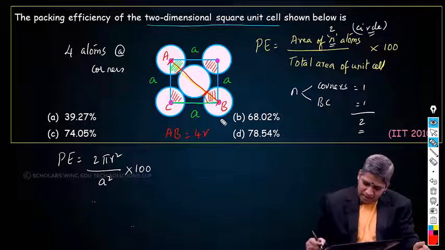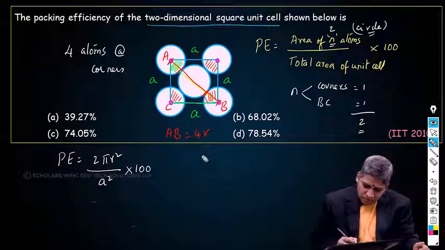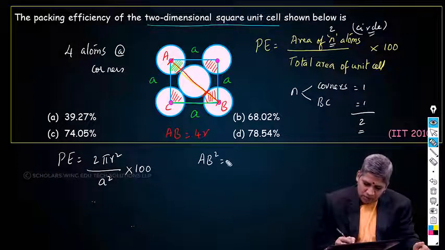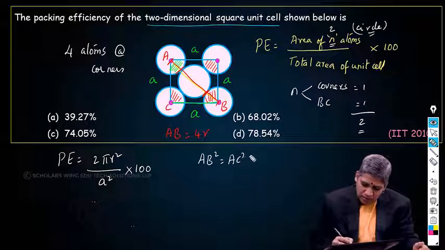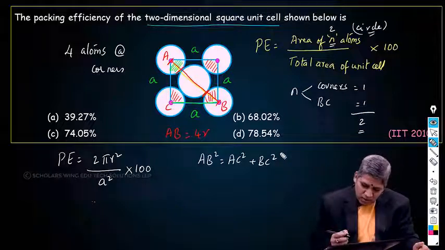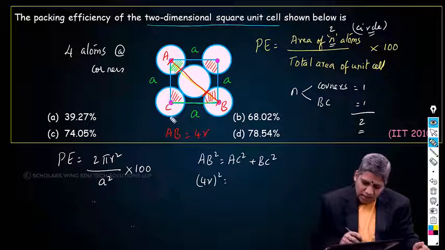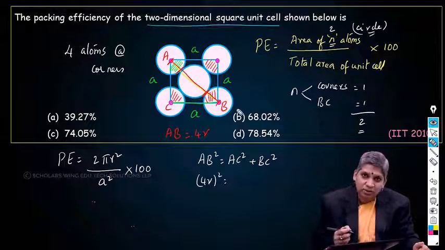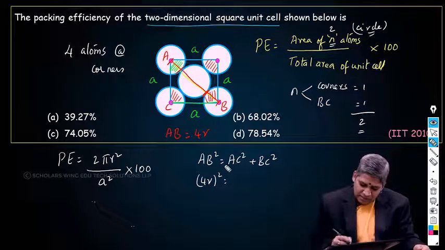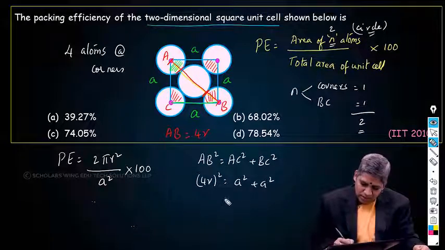Therefore, we have AB square is equal to AC square plus BC square. And AB is 4r, so 4r whole square is equal to AC square plus BC square. AC and BC both are a, because they are equal sides. So it is a square plus a square, that will be 2a square. This is 4r whole square.